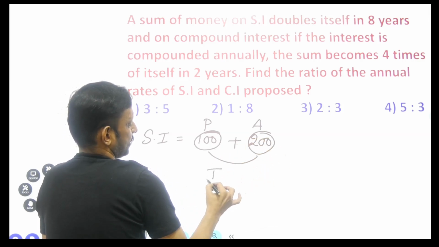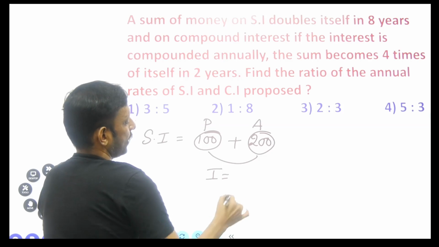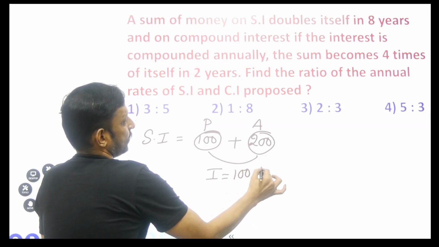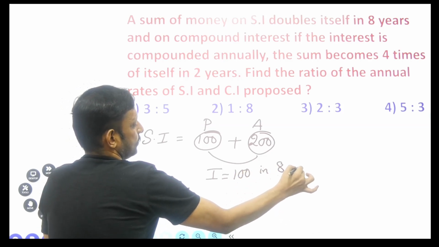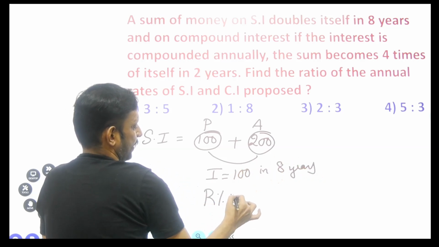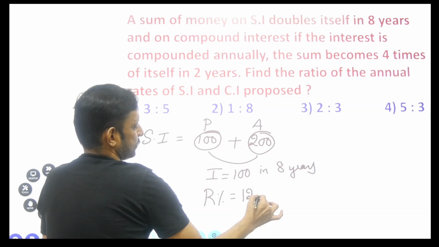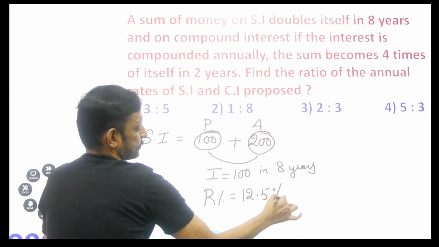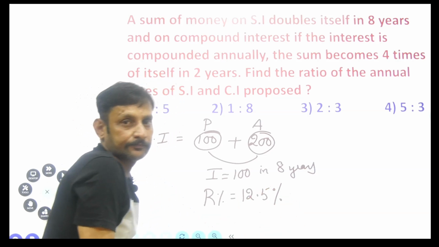Then the interest collected is 100 rupees in how many years? 8 years. So I can take the rate of interest as 12.5%. That is the first statement.